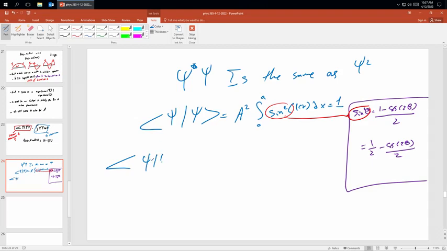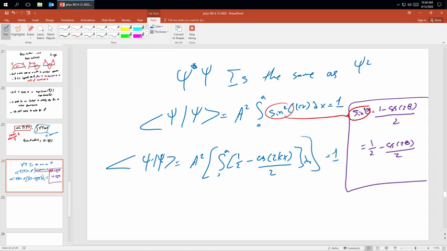So psi conjugate psi is going to equal A squared times the integration from 0 to a of 1/2 minus cosine 2, the angle is kx, so 2kx, divided by 2, dx, which equals 1.